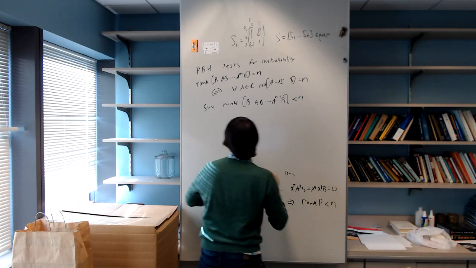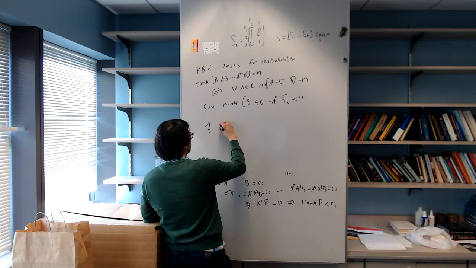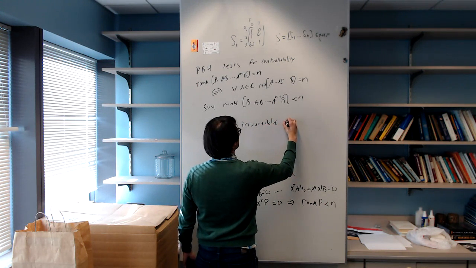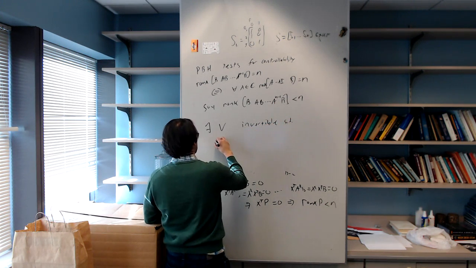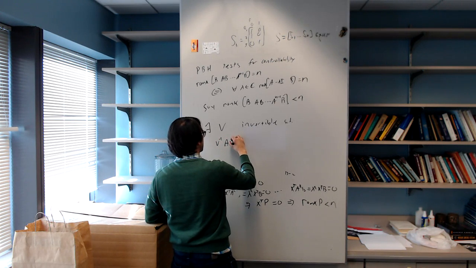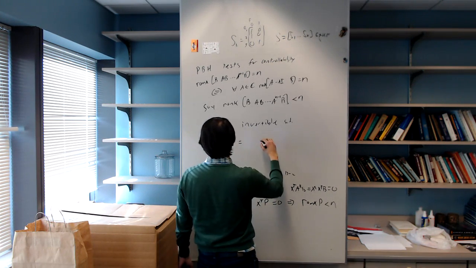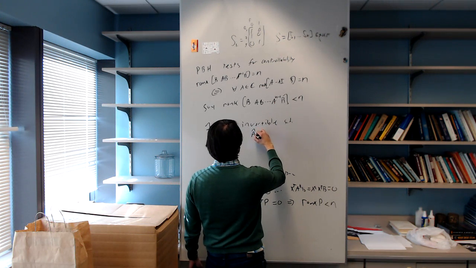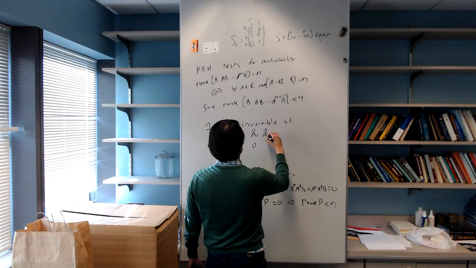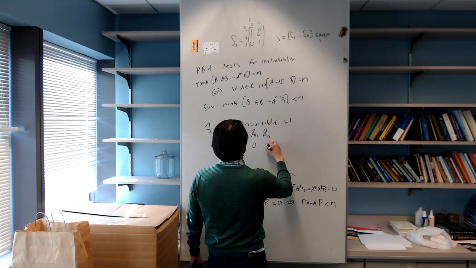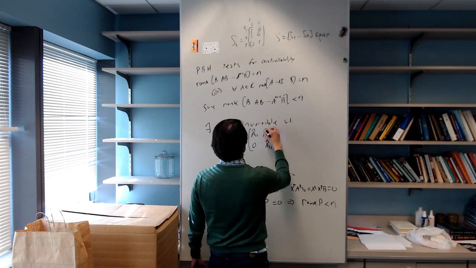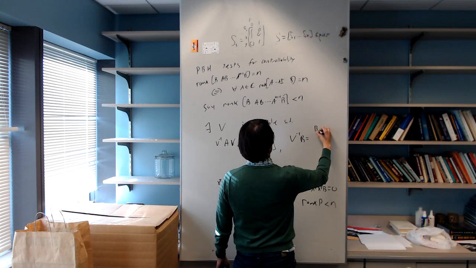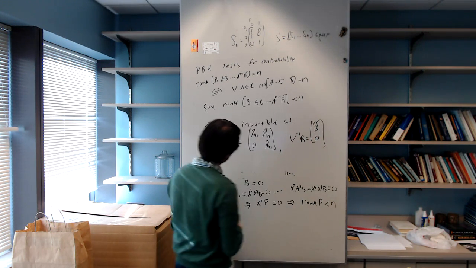What this is actually going to tell us is there exists a V invertible such that V inverse A V is equal to [A1 1, A1 2; 0, A2 2], and V inverse B is equal to [B1 hat; 0].